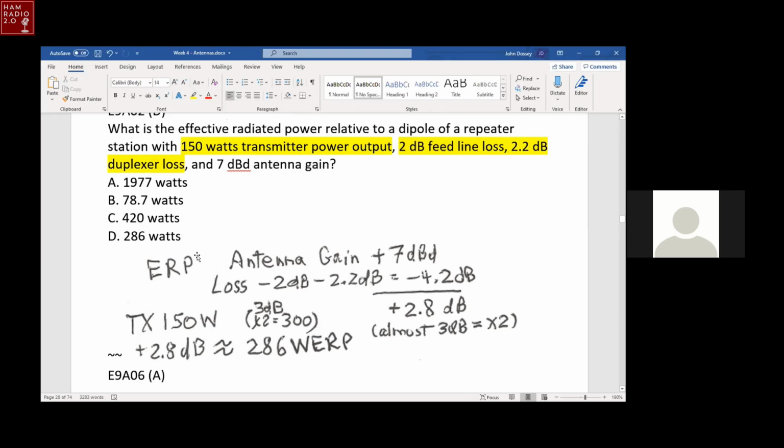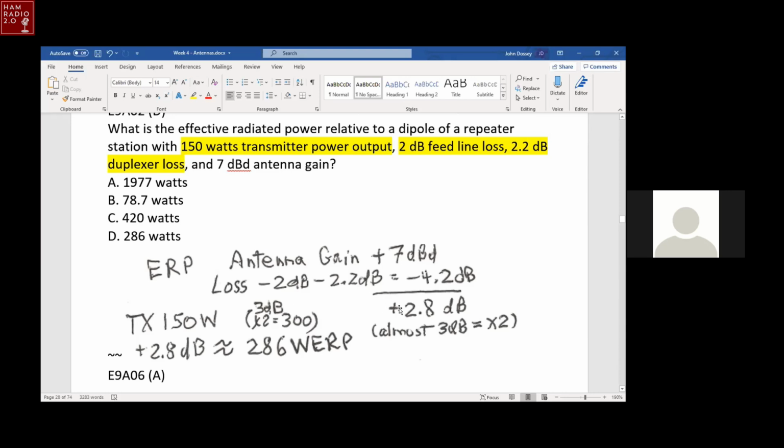So here's the calculation. You take antenna gain plus 7 dB, subtract off the losses. Our losses were 2 and 2.2, total of 4.2. So the net antenna gain minus the losses is 2.8 dB. The antenna takes the transmitter output power, adds 2.8 dB of gain.